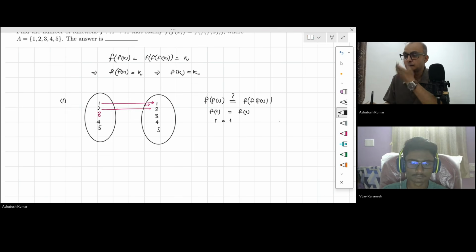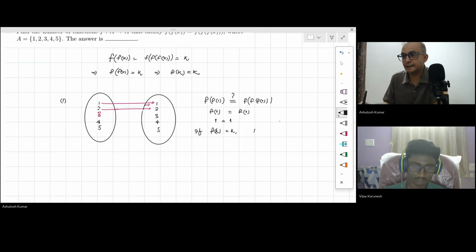How I'm combining? I'm saying that if f(k) is equal to k, k is fixed, there are 5 such numbers which can construct for them some different function. So if k is 1, 2, 3, 4, 5, in each such case, I have only one way to connect the remaining.